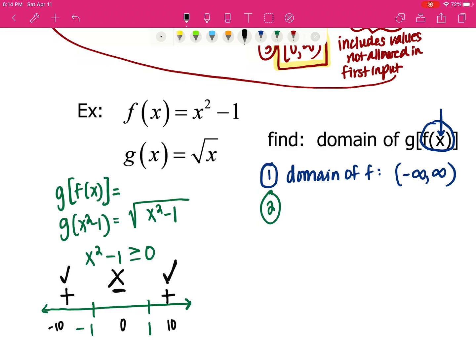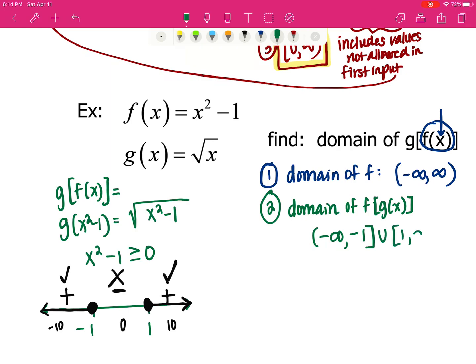If I put negative 1 in, negative 1 squared minus 1, negative 1 squared is 1, 1 minus 1 is 0, and that is allowed. So I'm going to close that dot in. And if I put a 1 in, that's allowed as well, because you can do the square root of 0. So I'm going to have a domain of negative infinity to negative 1, union with 1 to infinity. Now remember, the second one cannot contain more than the first one.